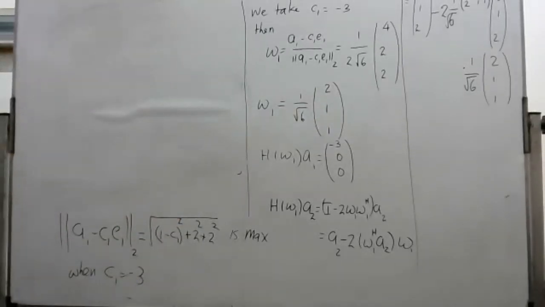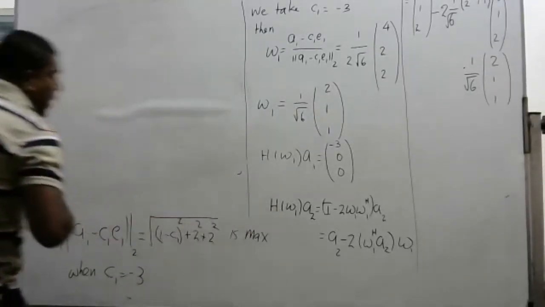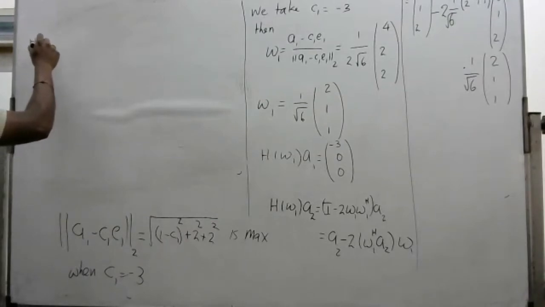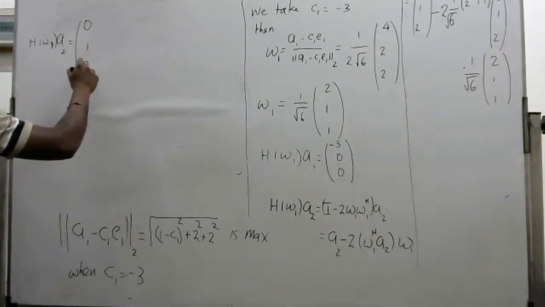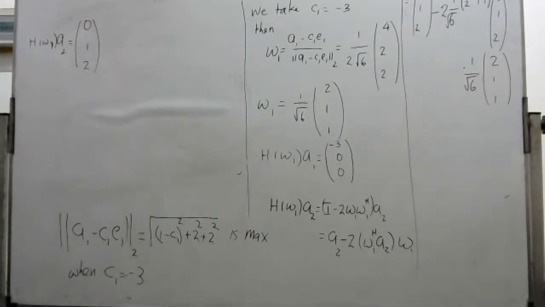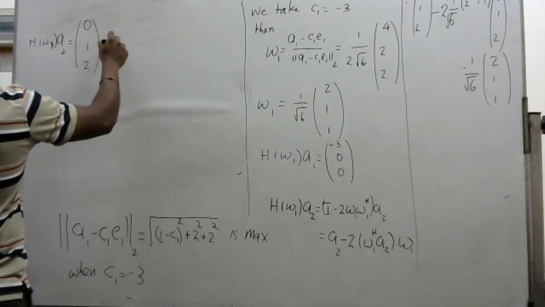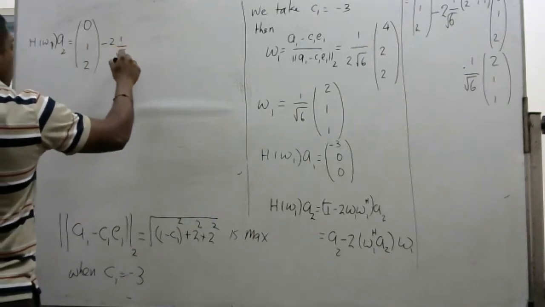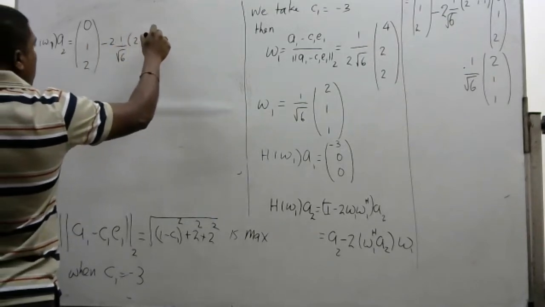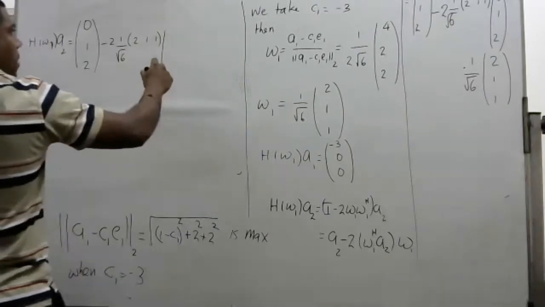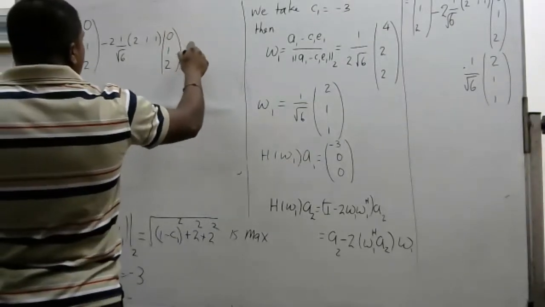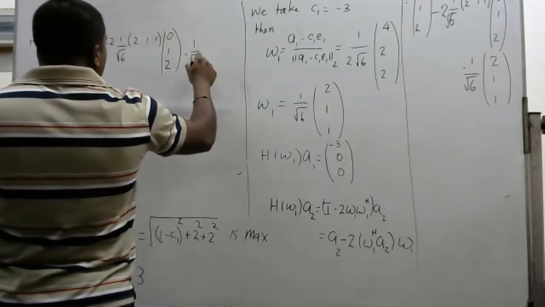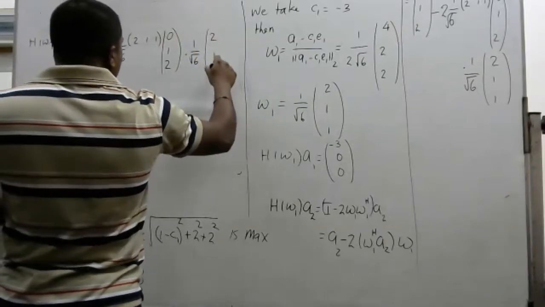Okay, so you have to get this h omega 1 A2. A2 is 0, 1, 2, and then minus 2 times omega 1 Hermitian, 1 over square root of 6 of 2, 1, 1, multiplied by A2, that is 0, 1, 2, multiplied by omega 1, that's 2, 1, 1.